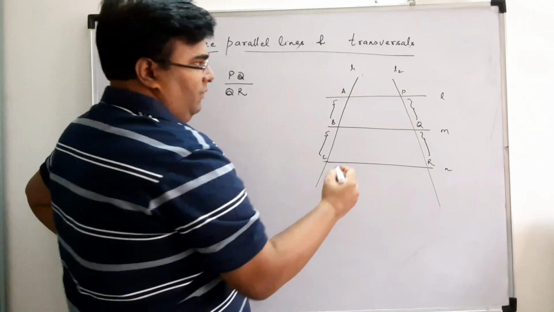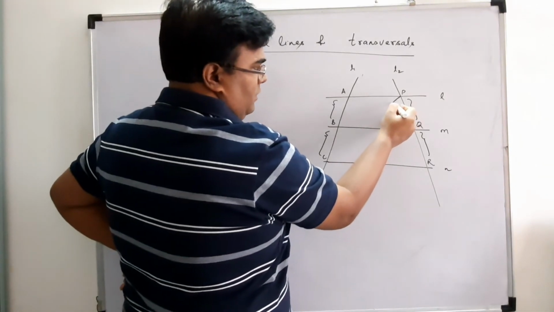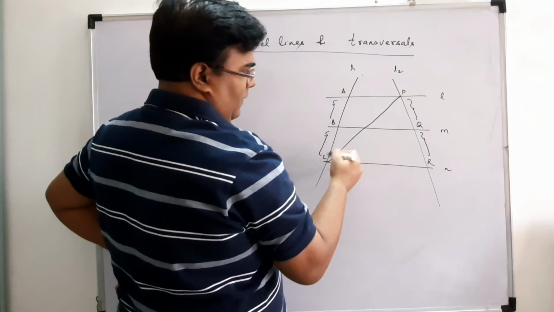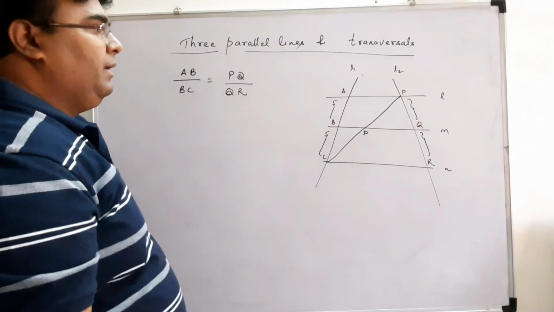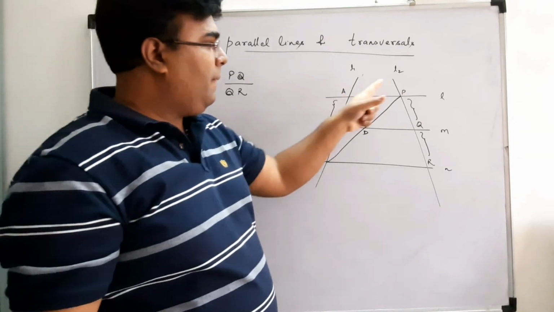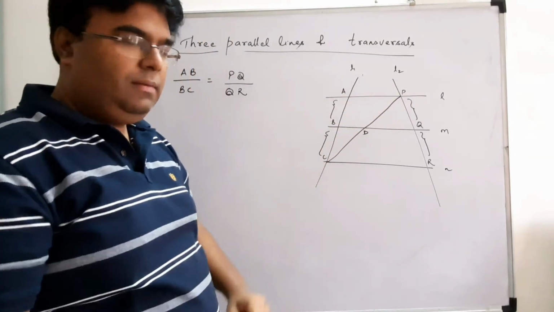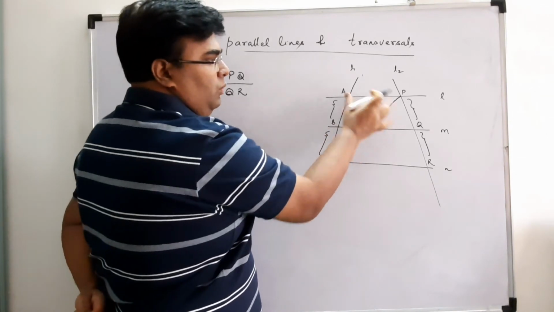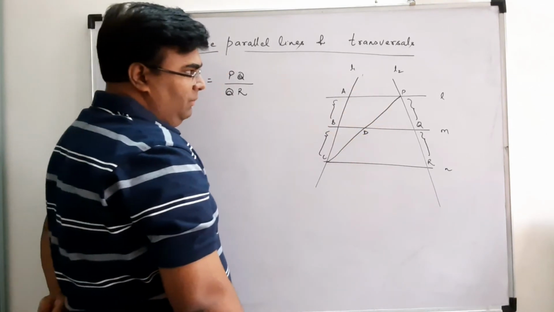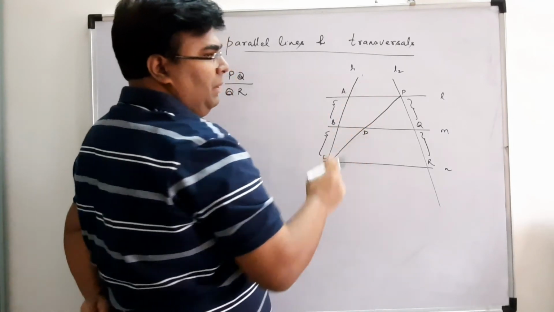Okay, what will we do? We will just join this PC and name this point as D. Right? So my APC is a triangle, and BD is parallel to this one side AP. So we can apply BPT here.